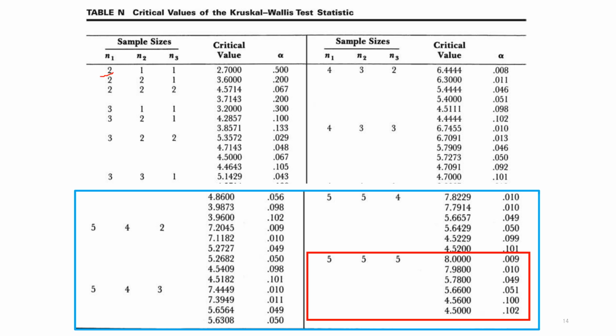When the first sample size is 2, and the second is 1, the third is 1, we go this way. But our sample sizes are 5, 5, 5, so we have to move on in this table. On the next page, we see 5, 5, 5.